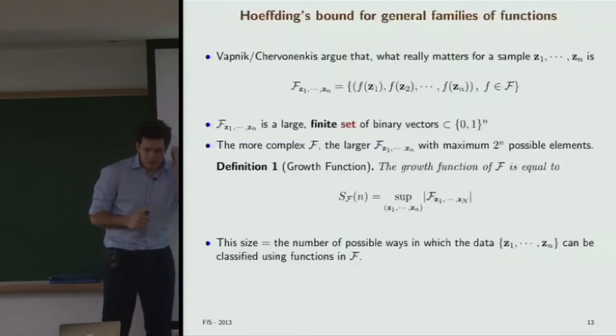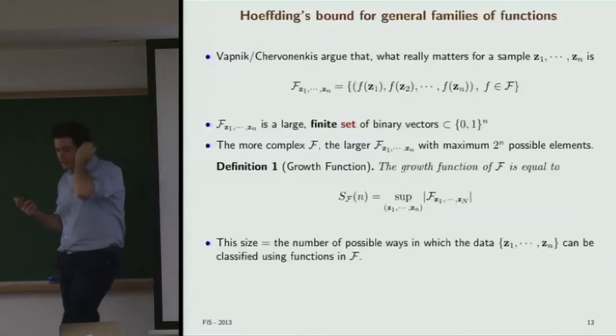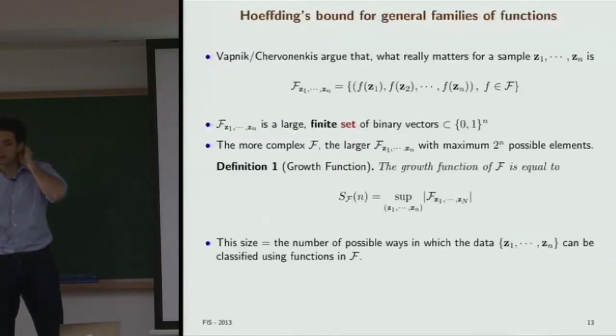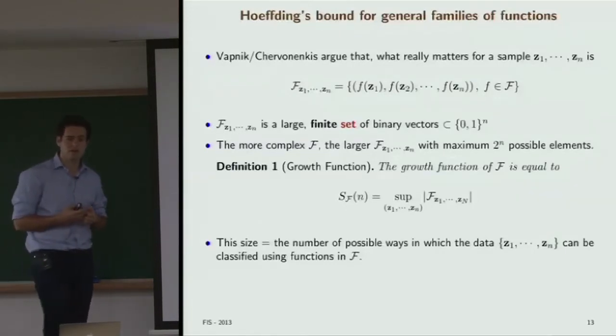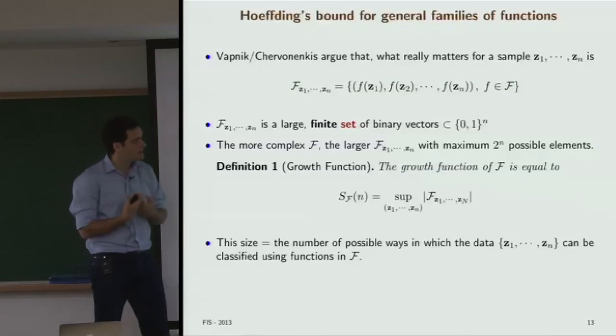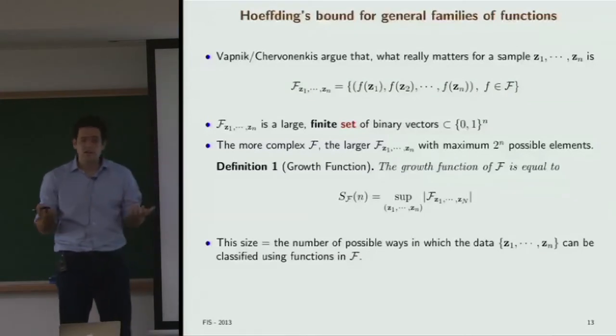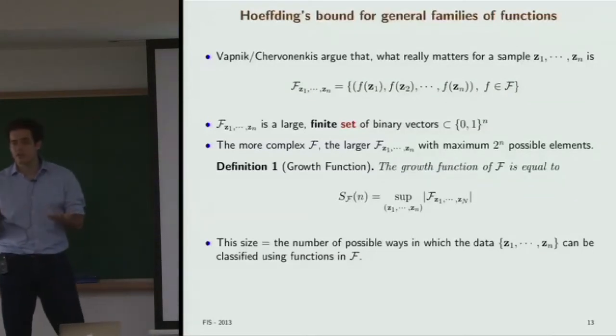So here is when Vapnik and Chervonenkis came up with an idea which actually gives a different direction to prove such bounds. And this applies for infinite and continuous sets of functions.